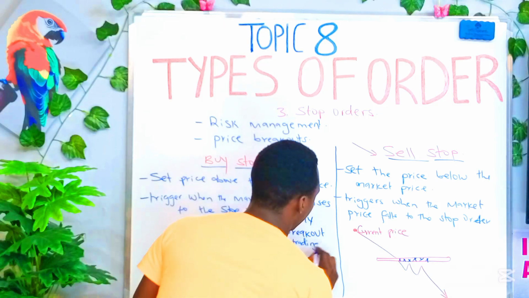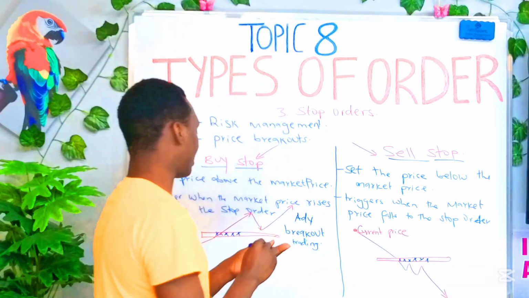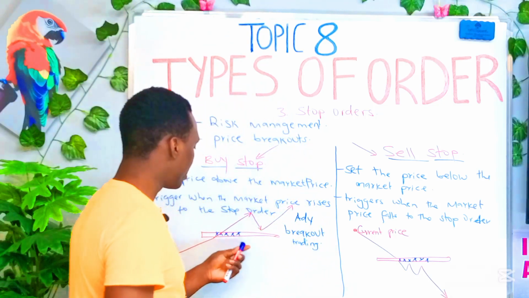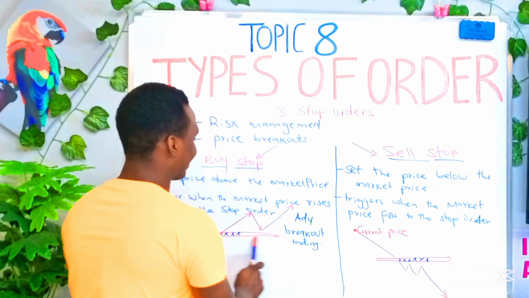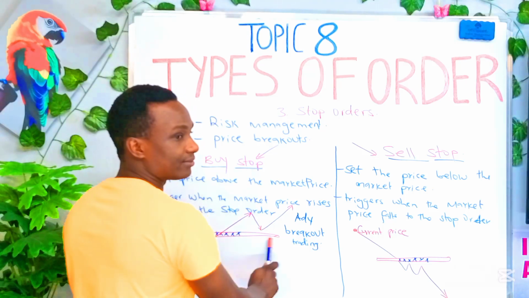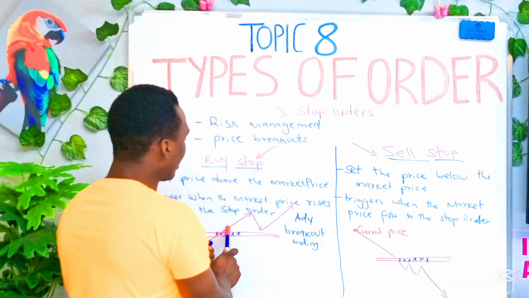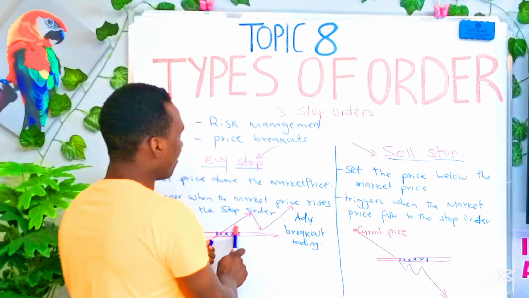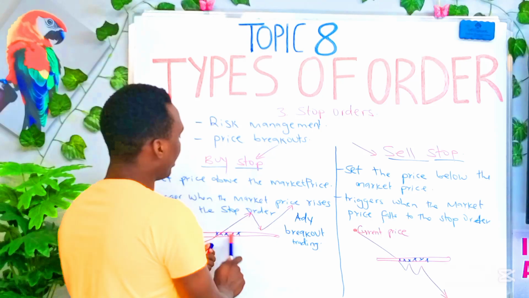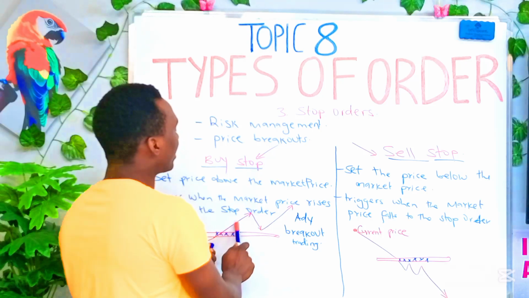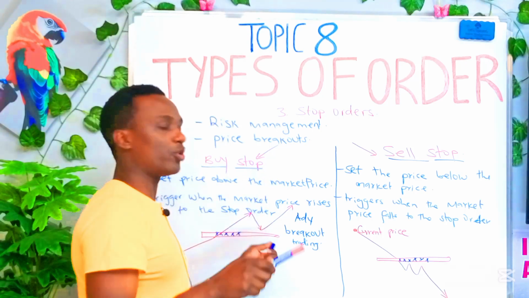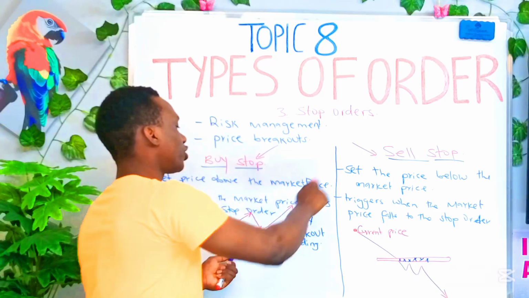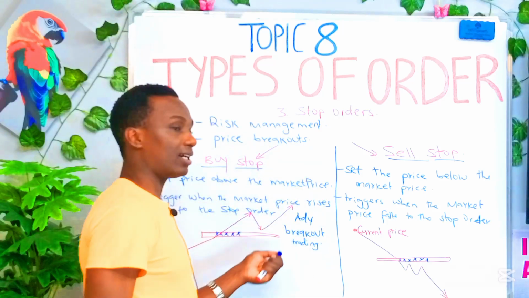Let us say, for instance, that you had a resistance line here. You will set your buy stop order above the resistance price. When the market comes here and breaks out, it triggers you into the trade, and you continue buying with the trend.